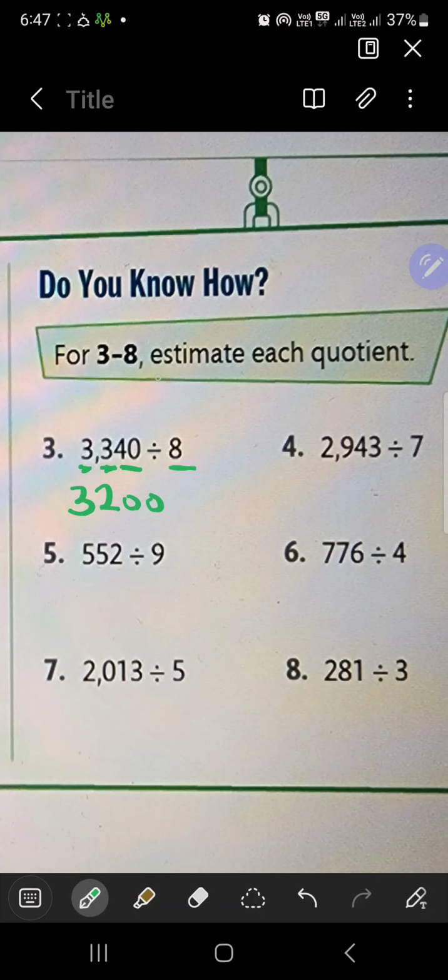Once more, I'm saying here that I am making an estimate. An estimate means that it is not the exact answer. It is just an estimate for the quotient. The quotient means the result of division. Okay?